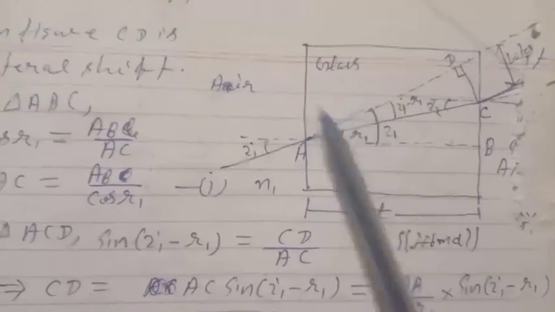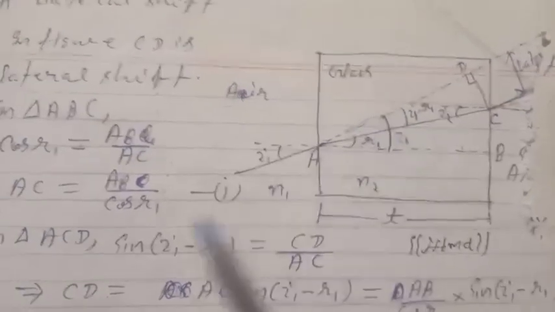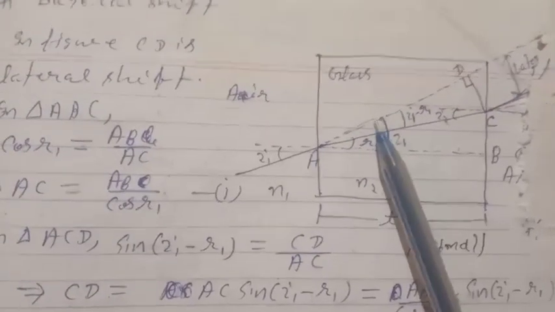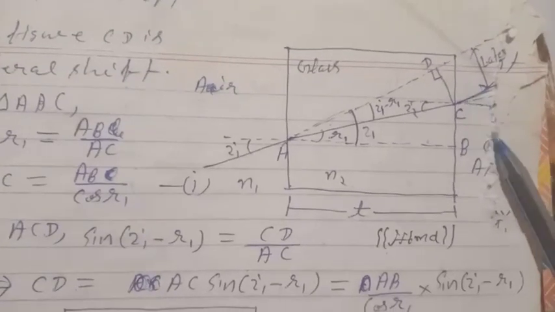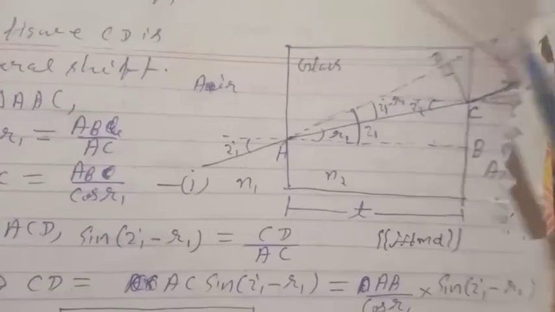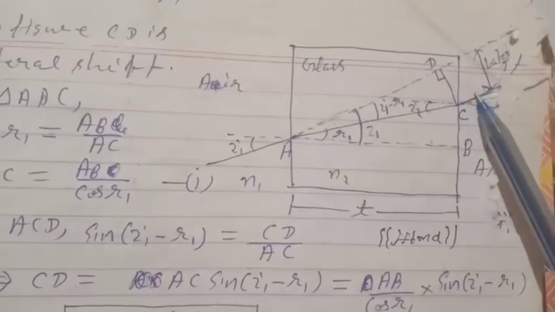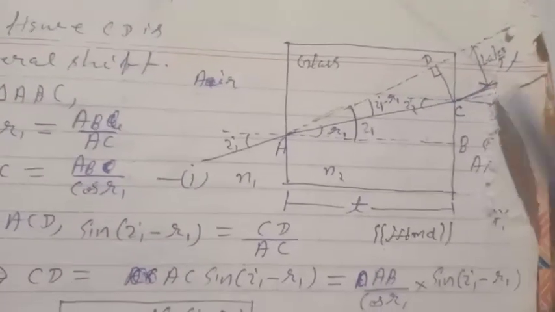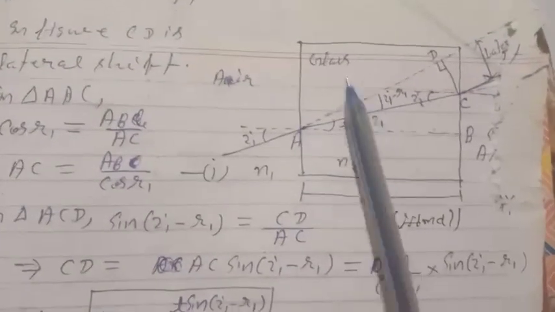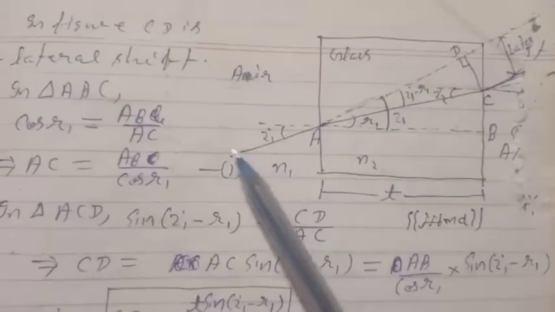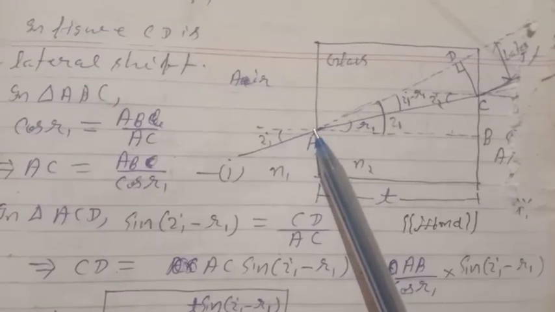For example, this is a glass, and if a ray is passing through this glass, then when it emerges from the glass, there will be a shift in its original path, and the distance between the original and emergent path will be called lateral shift. As shown here, we are seeing in this picture a ray passing through like this.